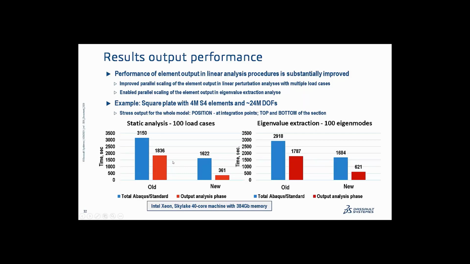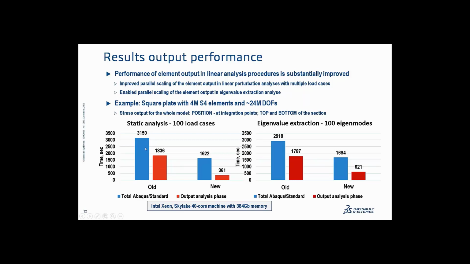What you can see is that the recovery of the results was half or more of the total solution time. Remember, the rest of this time is for the solver, and in this particular example we're running on a 40-core machine, so if we were just running this scalar, instead of being 3,000 it would probably be 60,000 or something like that, and this number becomes not that big.